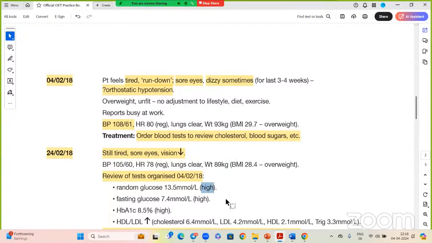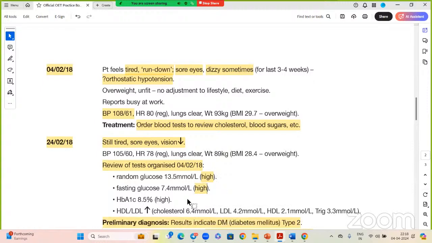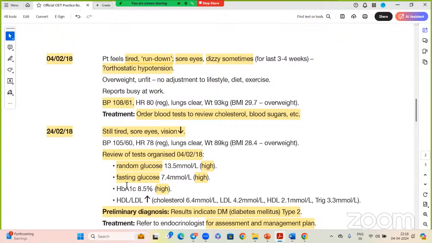You can see here, it is very clearly mentioning that these are high. Random glucose, high. Fasting glucose, high. And HbA1c, also high. Now, based on this, you can understand here. No need to write all these sentences.